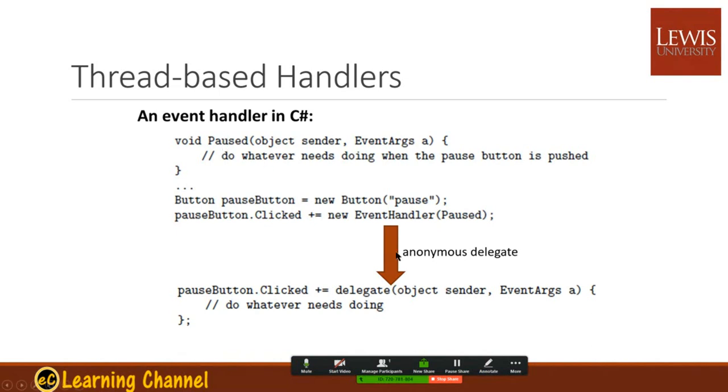It's a different way. It's just like an anonymous handler. So this is one way to implement, and the other way is you can use an anonymous delegate. And then in the Java environment, you can also have the anonymous event handler. And this delegate is working as an anonymous event handler.